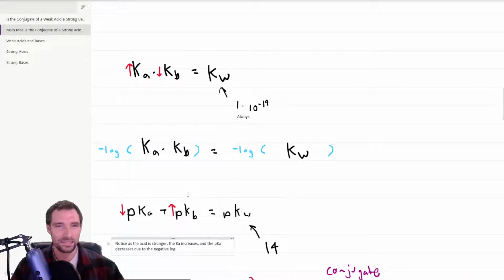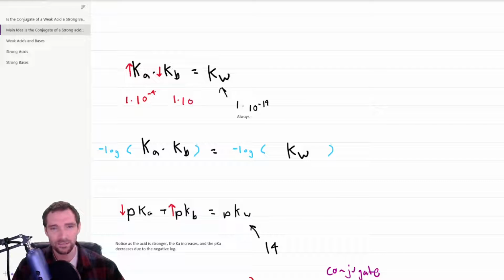So if, let's say, your Ka was 1 times 10 to the negative 4, and your Kb was 1 times 10 to the negative 10, then your pKa is going to be 4 and 10, right? And you can see if you were to make this number get bigger, 10 to the negative 3 is actually a bigger number than 10 to the negative 4.